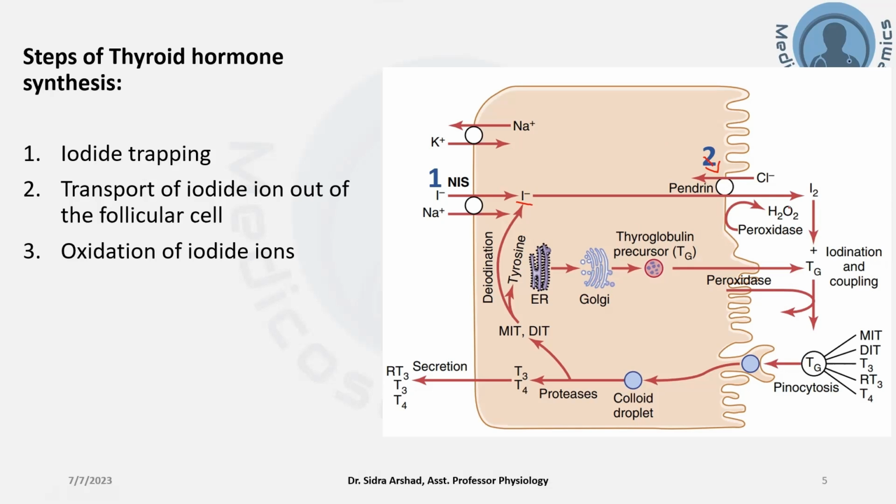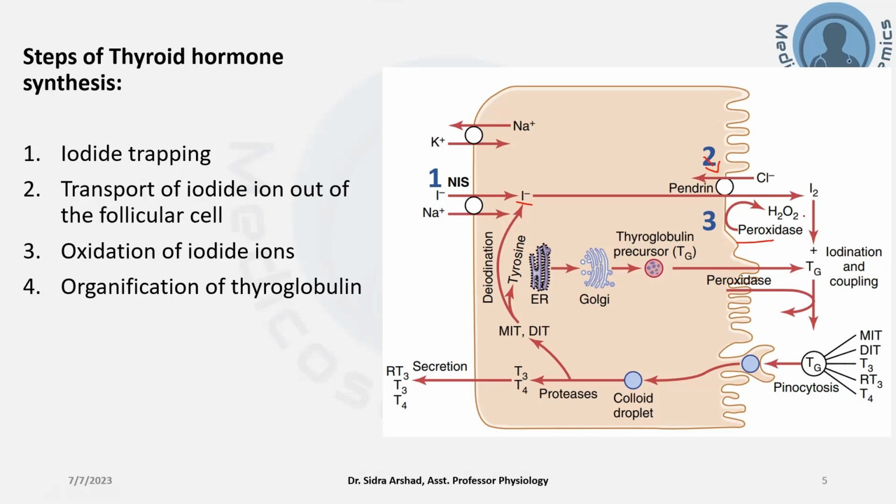For this oxidation, closely associated with the apical membrane are peroxidase enzymes. These peroxidases oxidize the iodide ions and generate hydrogen peroxide, which is promptly catabolized. So this is the third step, oxidation of iodide ions.